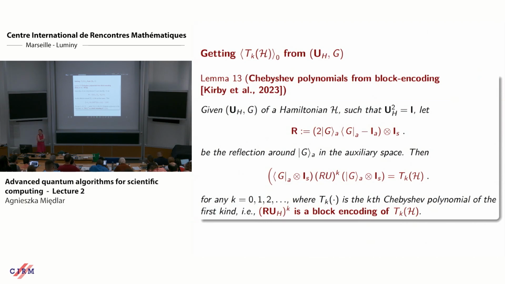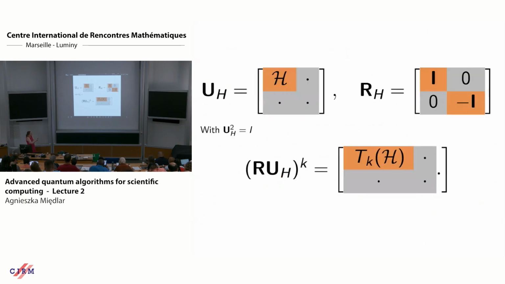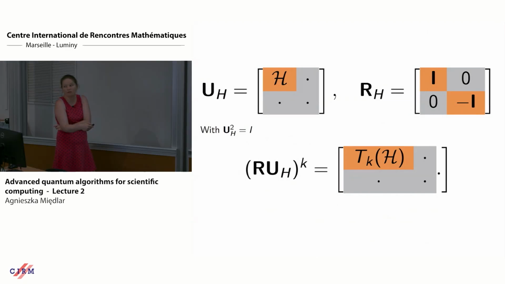It would be easier if I could have the other slide on the side, but this is exactly the object we had before. For simplicity, you can visualize that. If I have a block encoding of the operator, then my operator H is sitting here. This RH is now, depending, previously it was the 2 by 2 example that I introduced qubitization with, so it was 1, -1.